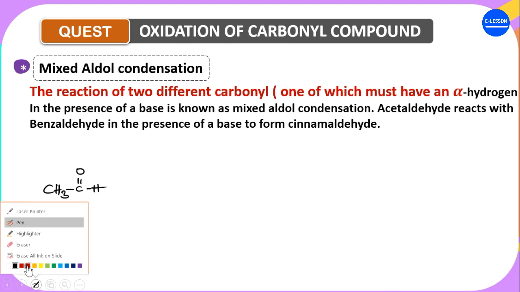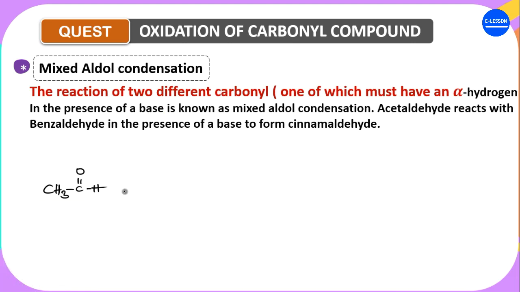Now, benzaldehyde has this structure, plus the benzene. This is the structure of benzaldehyde. Now, the question is, which between the acetaldehyde and benzaldehyde has an alpha hydrogen?